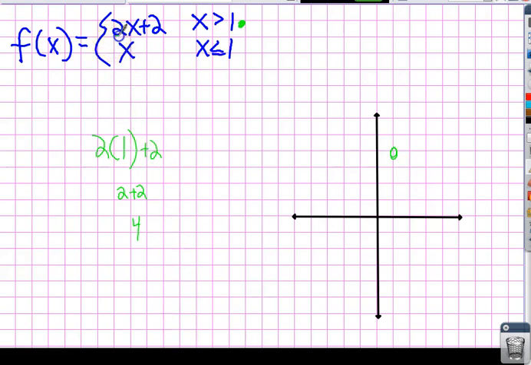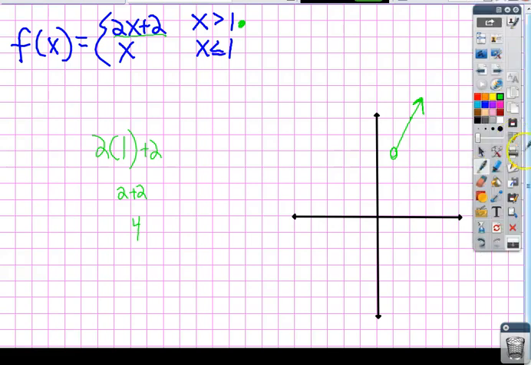So I use this graph and its slope of 2 to get to my next point, which means go up and to the right. And I graph an arrow at one end because it's a ray. It's not a line. Now this other graph, let's graph it in red.